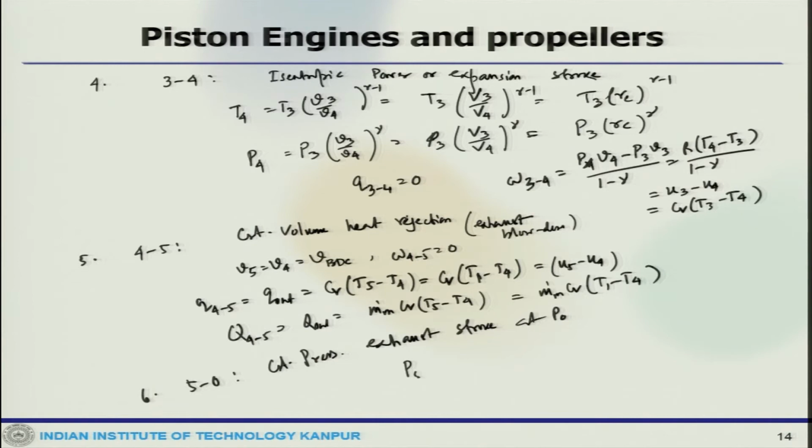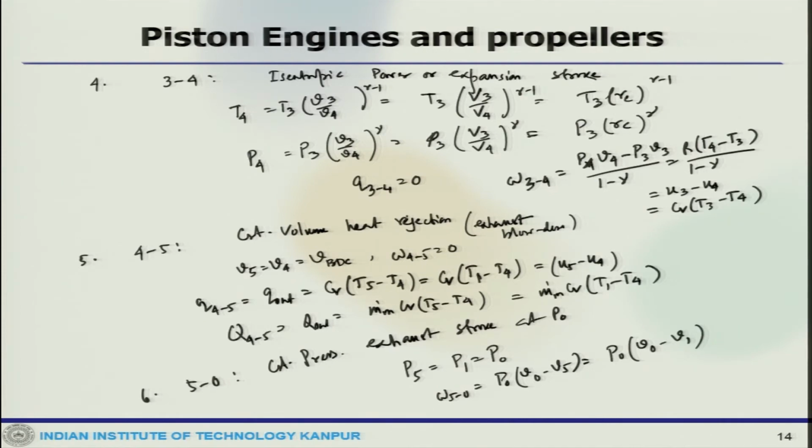So here we have P5, which is P1 and P naught, and the specific work is P naught (V naught minus V5), that is P naught (V naught minus V1).